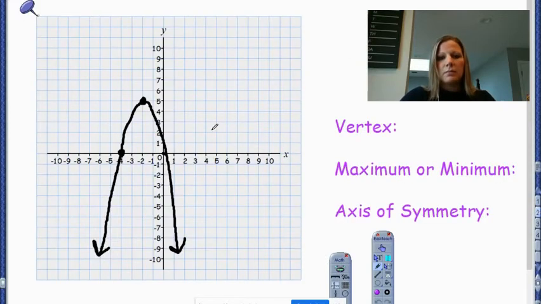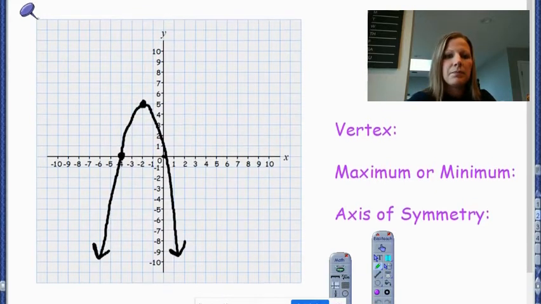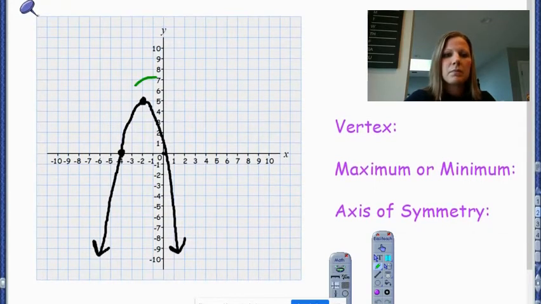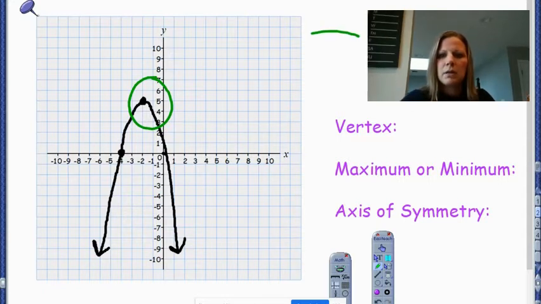When I have a quadratic function that is like this, my vertex is either the highest or lowest point of the parabola. In this situation, the parabola is facing downward, so my vertex, which is going to be right here, is the ordered pair -2, 5.